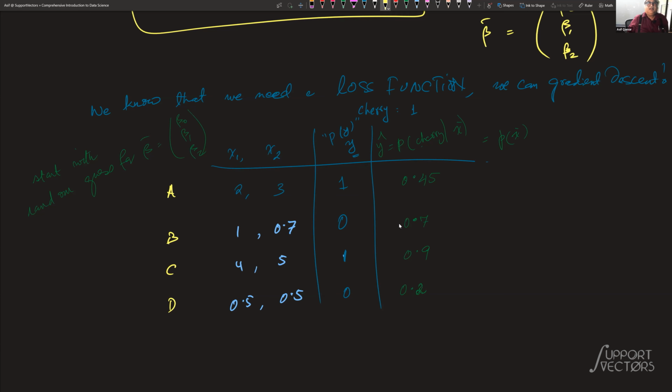How good is our prediction for A, guys? Not so good. What about our predictions for B?